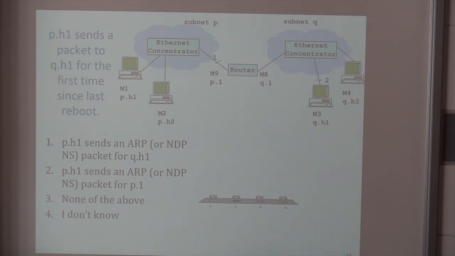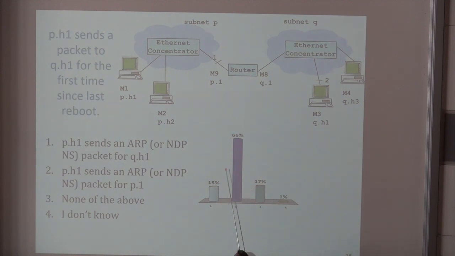I close the poll. And the majority is right. So of course the packet will be sent to whom? Well, the packet is to IP destination address this guy, but the source and destination are not in the same local area network, so the source will look at its routing table in order to find to whom should I send the packet.